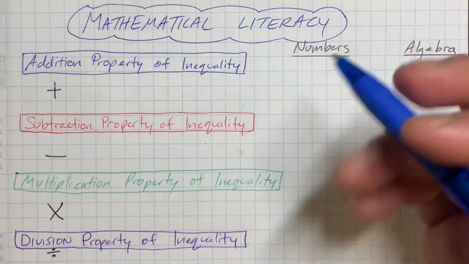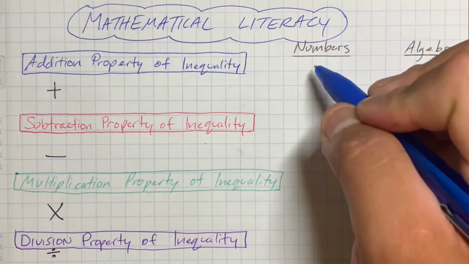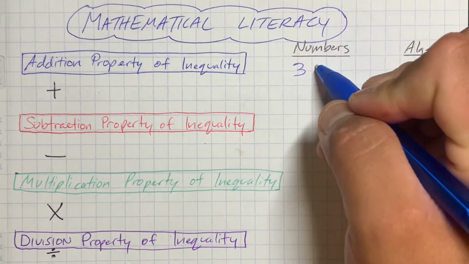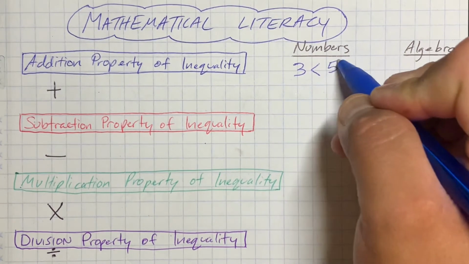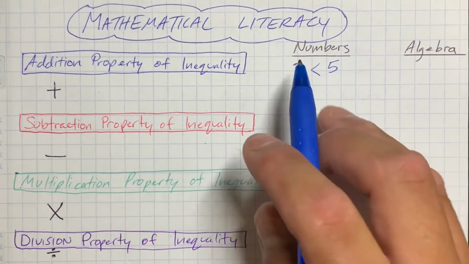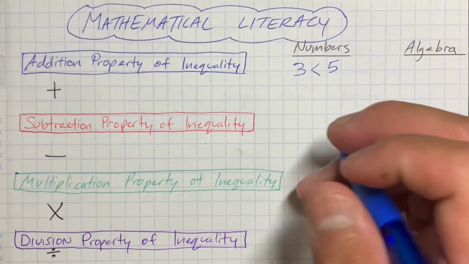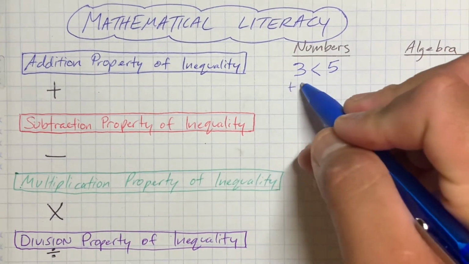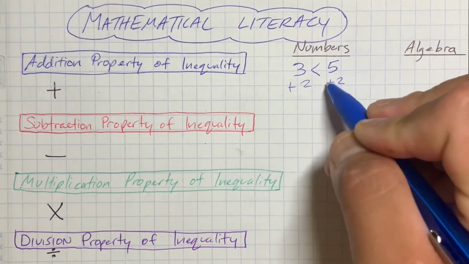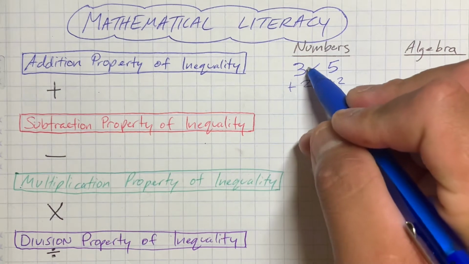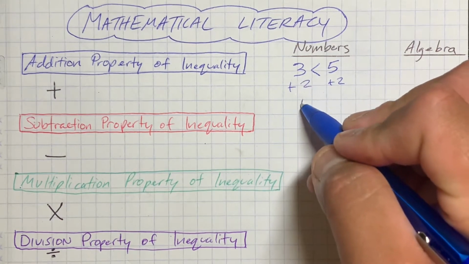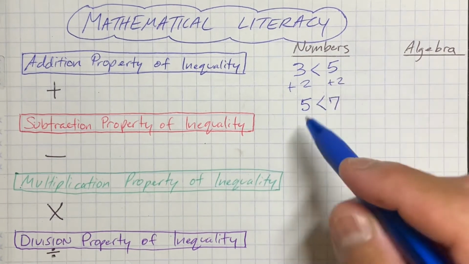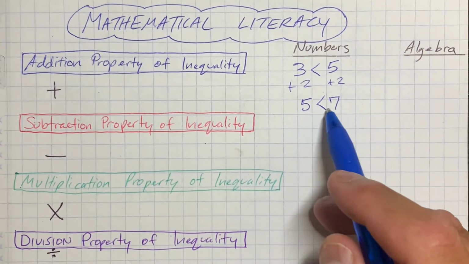So for an example, using just numbers, numerical: if we have 3 is less than 5, that's going to be basically what we want to do. Let's say adding 2 on both sides of the inequality. So 3 plus 2 equals 5. 5 plus 2 equals 7, and that remains true because 5 is still less than 7.